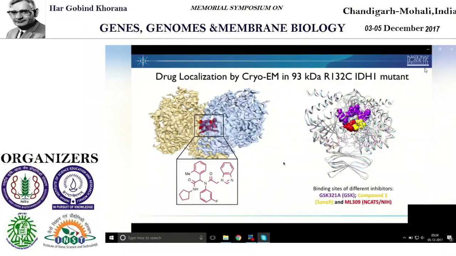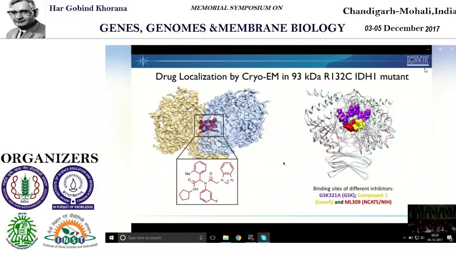So instead of isocitrate producing alpha ketoglutarate, which is what it does in normal cells, in the case of patients that carry this mutation, it in turn produces 2-hydroxyglutarate, which is an oncometabolite.